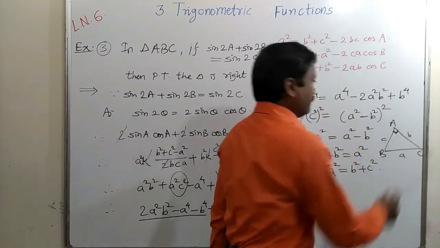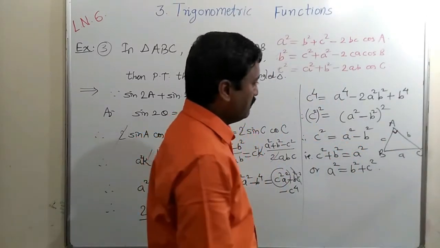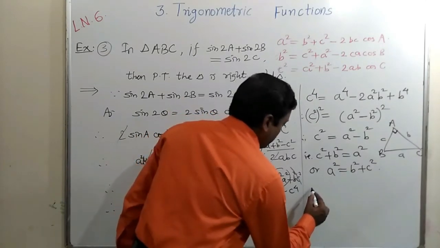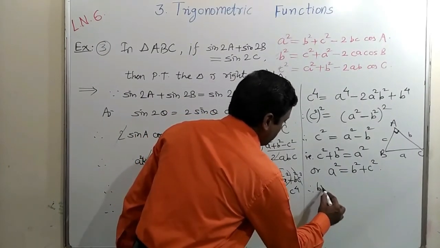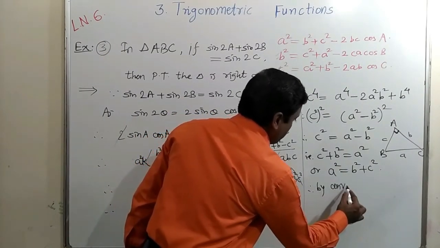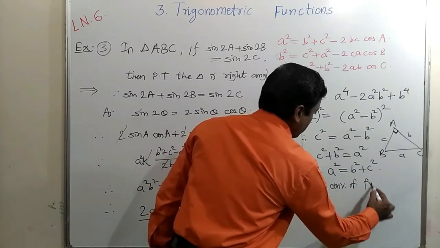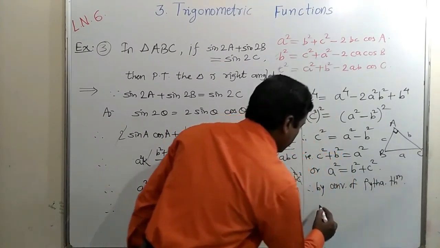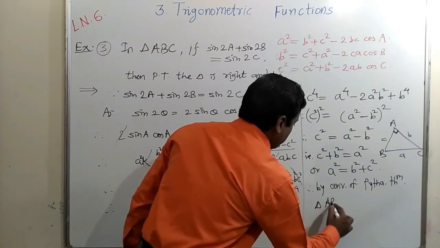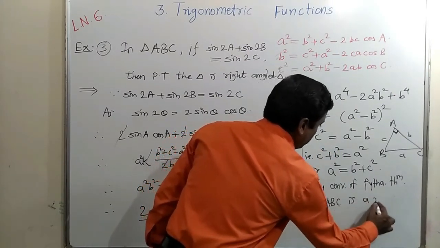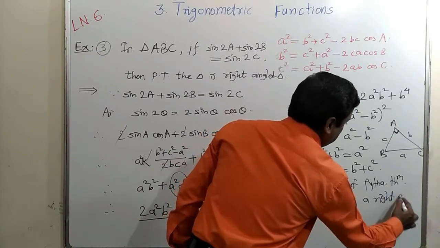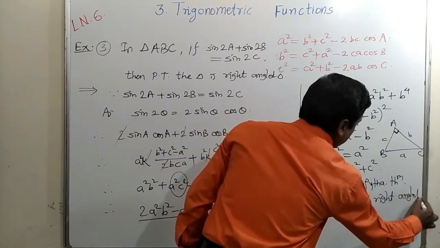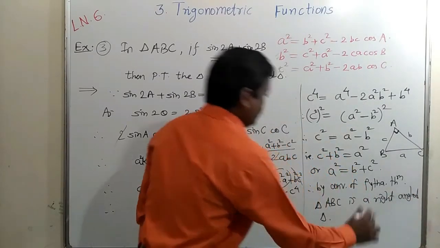So triangle ABC will be right angle triangle. Therefore, by converse of Pythagoras theorem, triangle ABC is a right angled triangle.